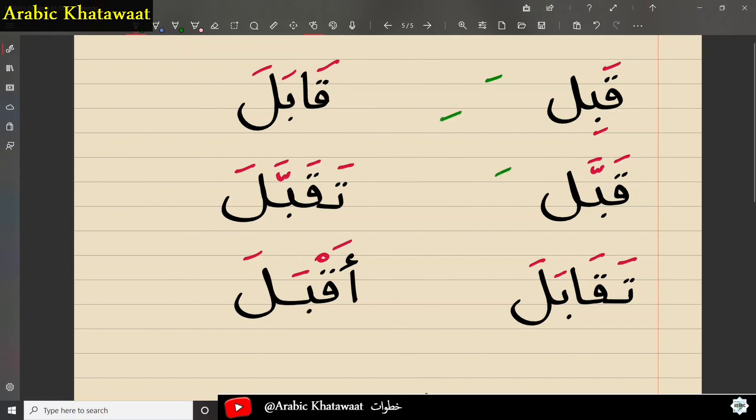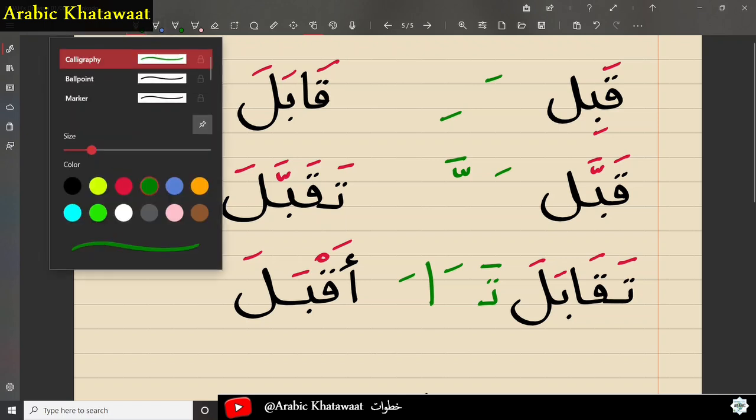I'm going to put the short vowels first, and any additional sounds, like ta, and then short vowels. That way you can see what transfers to the pattern. Then we have fatha, alif, fatha, and then fatha. Then we have ta, fatha, shadda, and then fatha. So here I'm going to write the pattern, and you can see how it's written.